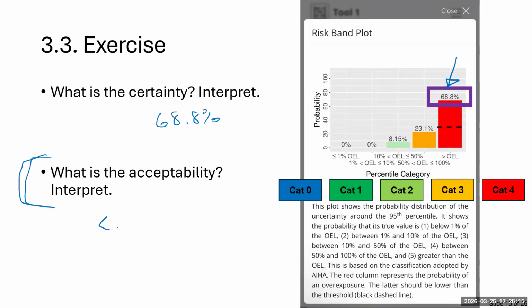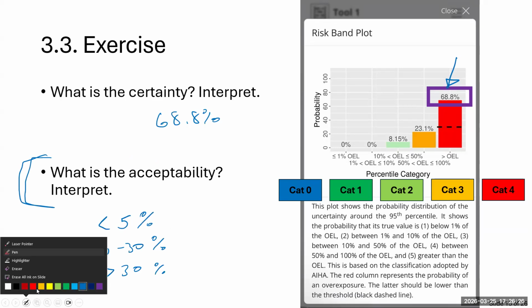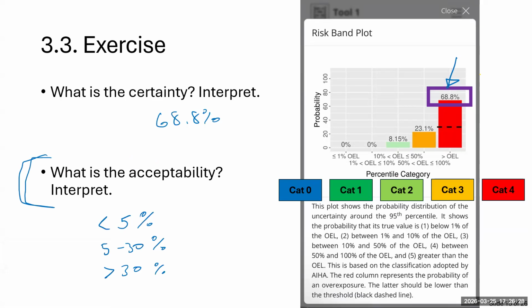The levels were less than 5, 5 to 30, and then greater than 30, and those are all percent. So based on that, if we have 68.8% in category 4, do we call that acceptable, tolerable, or unacceptable?